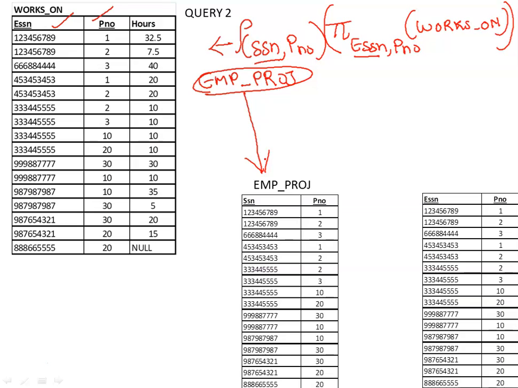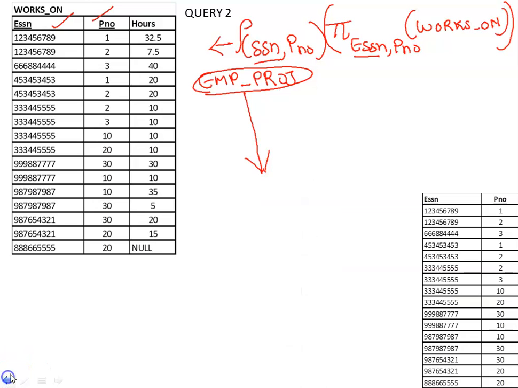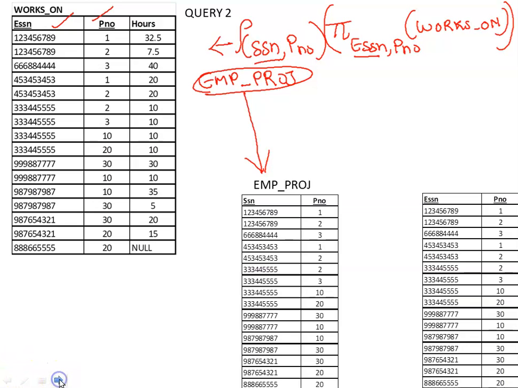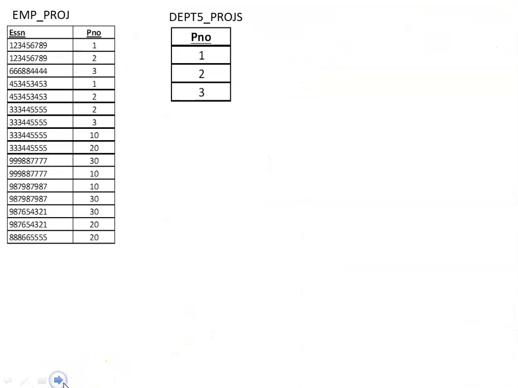In the previous slide, I tried to find out which are the project numbers that are controlled by department 5. In this query, I have found out which are the employees who are working on all the projects. Now I will perform a simple operation. I will refer to the employee project table and the department 5 table.